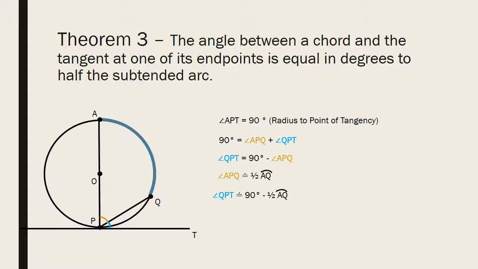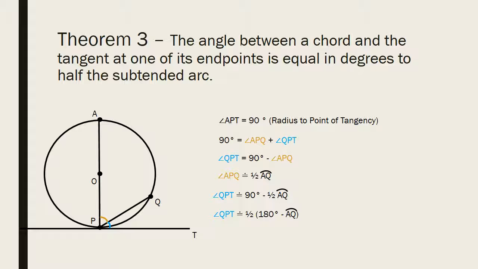So we can rewrite it as angle QPT is equal to 90 degrees minus 1/2 AQ. Now we can do something interesting. We can look at that equation and do a bit of factoring. Let's pull out the 1/2. So now we have angle QPT is equal to 1/2 times 180 minus the arc length AQ in degrees. So what does that look like? Well, we know central angles are equal in degrees to their subtended arcs.